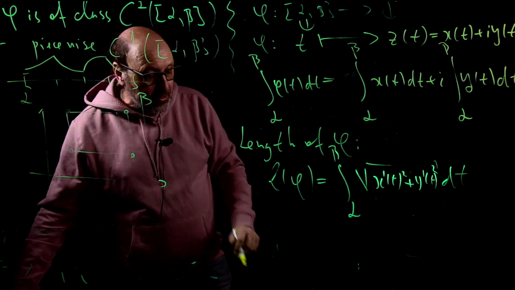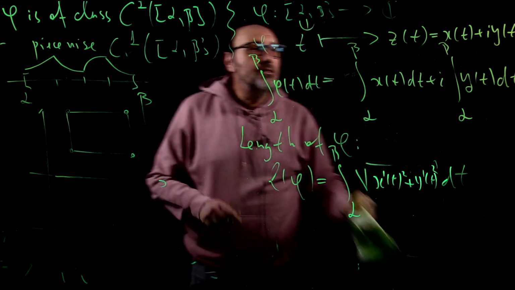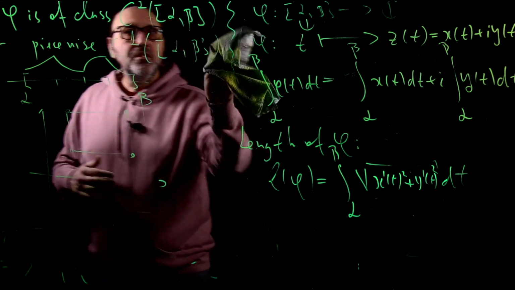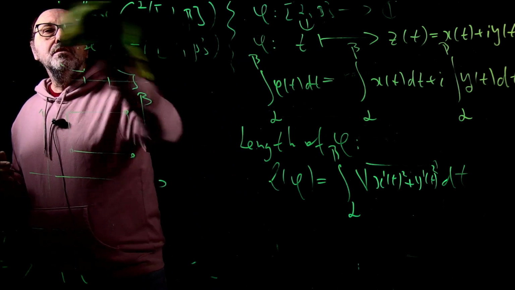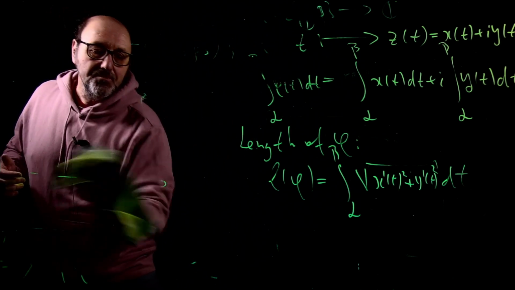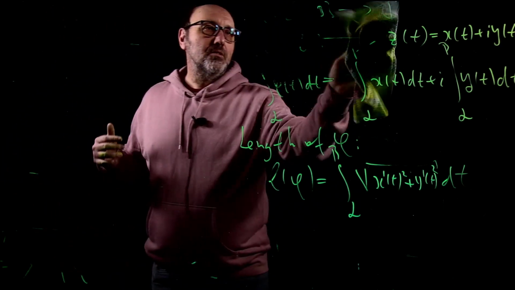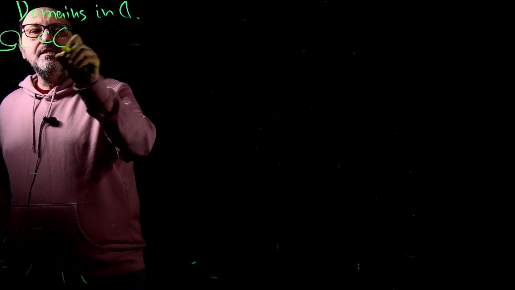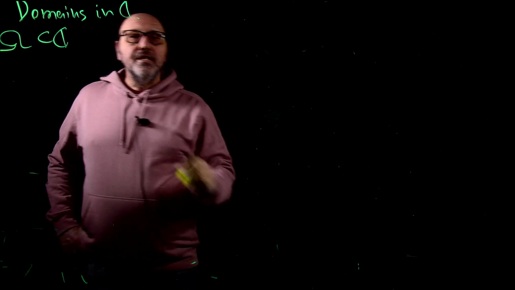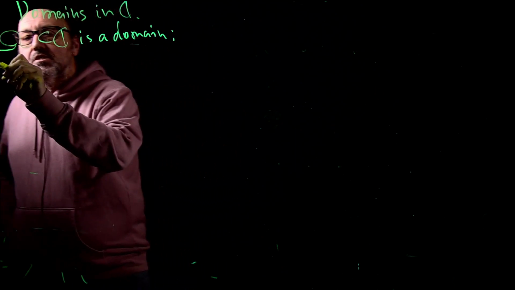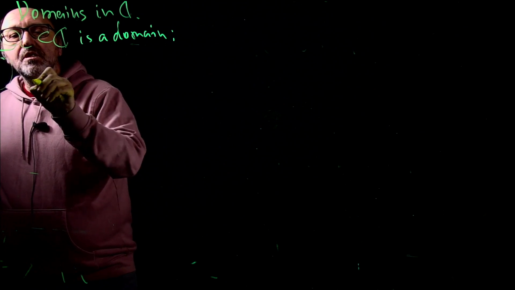Okay, so the next fundamental object which we need to introduce is the notion of a domain in C. A subset omega in C is called a domain if it satisfies two properties.